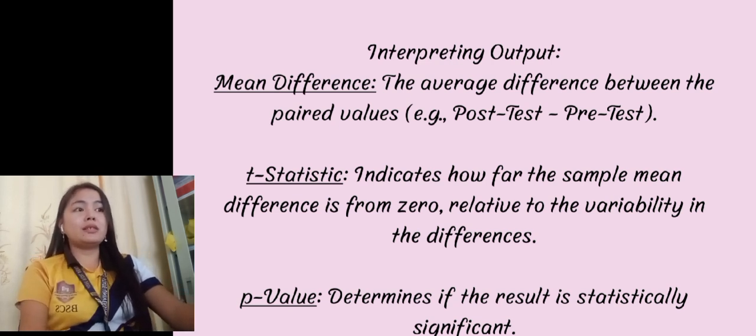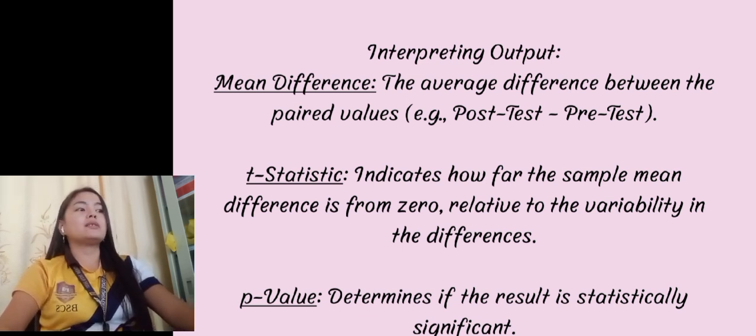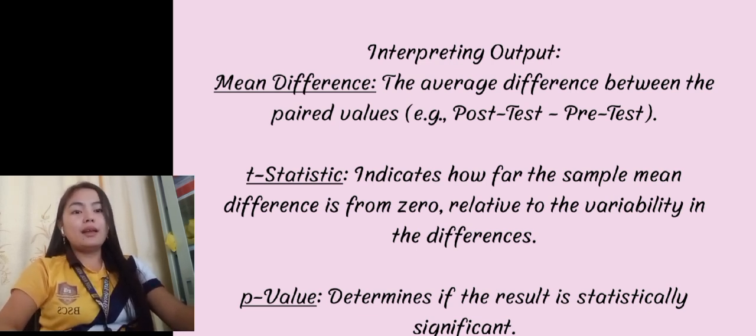The mean difference is the average difference between the paired values, post-test minus pre-test. Then the t statistic indicates how far the sample mean difference is from 0 relative to the variability in the differences. Then the p-value determines if the result is statistically significant.